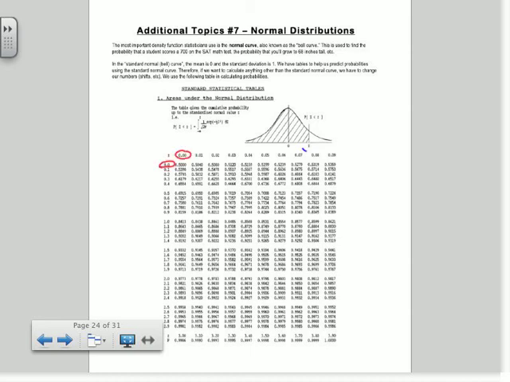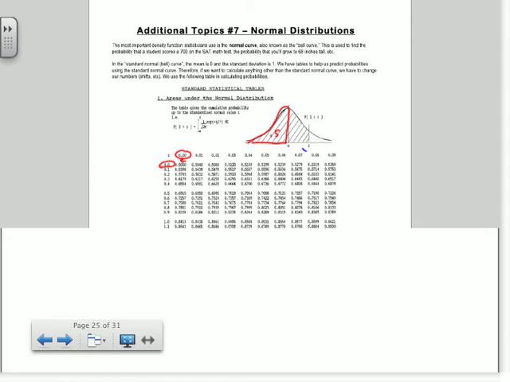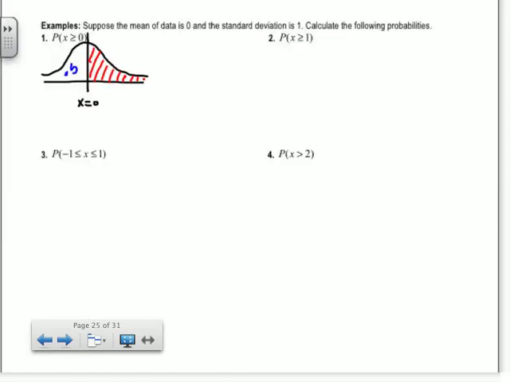Here's where 0 is. Here's 0.00. It's that number right there. Do you guys see the 0.5 on your table? That's the shaded in part until you get to the 0. So this is representing 0.5. So ours is 1 minus 0.5, which is 0.5. Make sense?